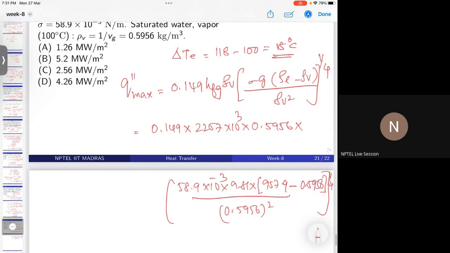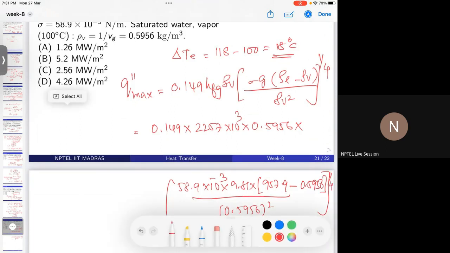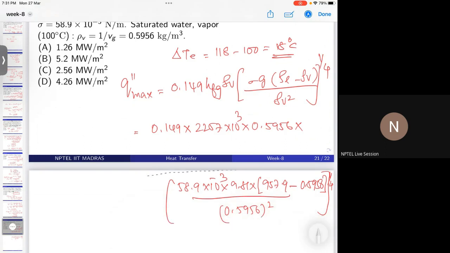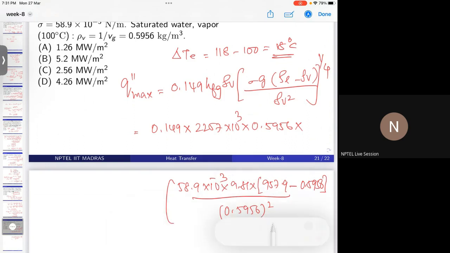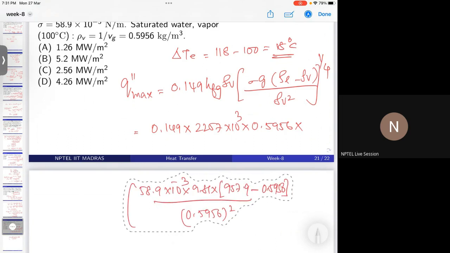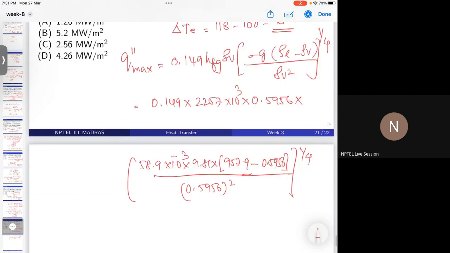So this is a continuation of this, it's not a separate one.